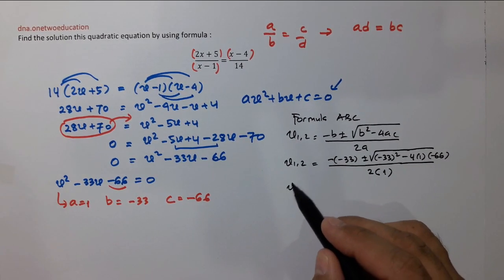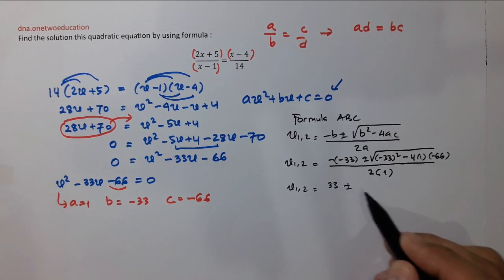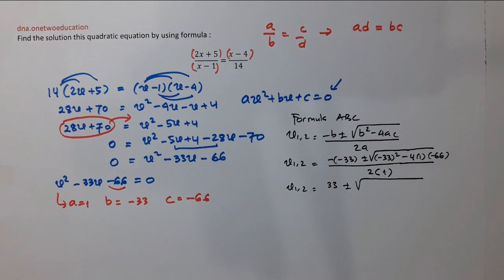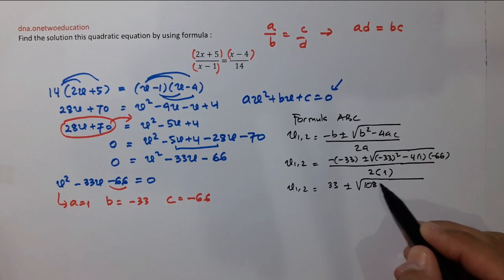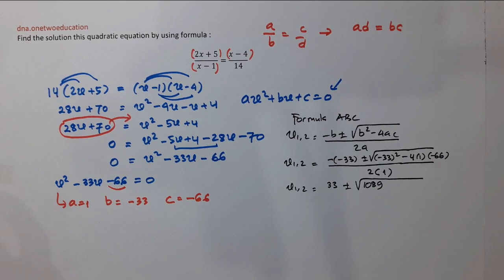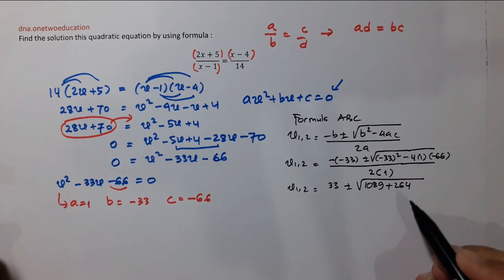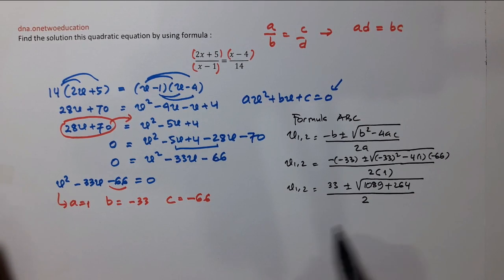Okay, so x1,2 is minus, will be positive 33, plus minus root of, so you can use the calculator, right? 1089, right? And then minus 4 times minus 66, so it will be positive 264. And divided by 2 times 1 is 2.